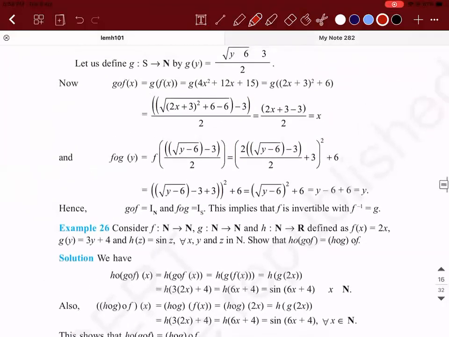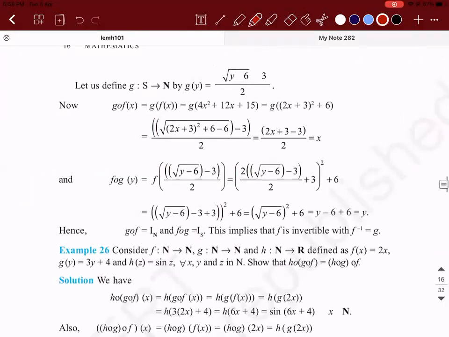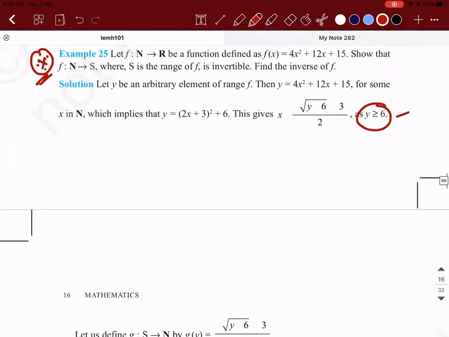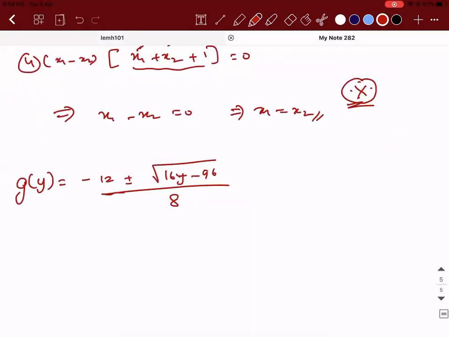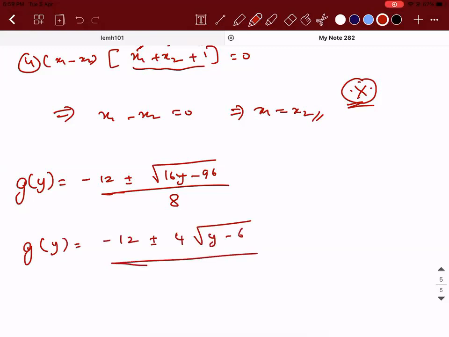But I'm not sure why they have not given you the inverse. So actually what you can do, take the 16 out. It will become 4 into root of y minus 6, divided by something. So g of y is minus 12 plus or minus 4 into root of y minus 6, the whole divided by 8.